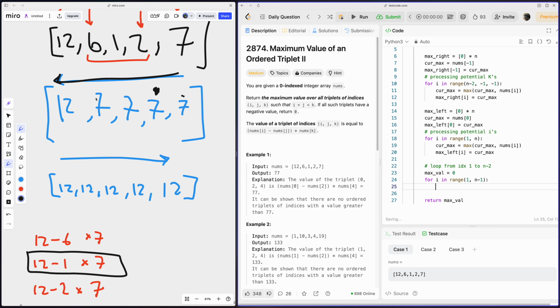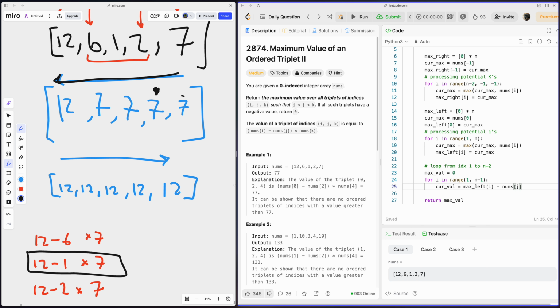So, I mean, we just need to use these arrays that we did, right? And we just follow this pattern. So let's just have the current value be, what is the equation? Nums at I, which is the max left at I, minus nums at j, which is just literally nums at j, right?